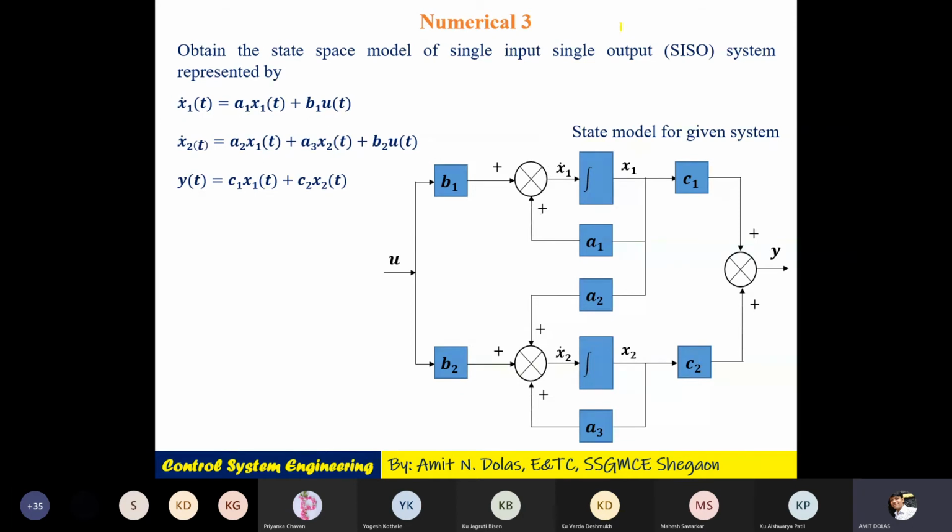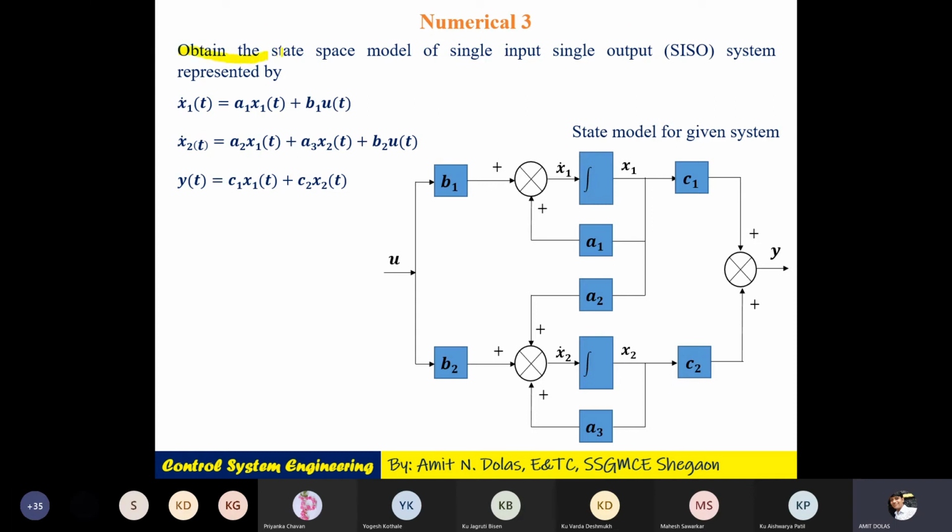Numerical number 3. In the initial numerical, am I audible? Are you with me? Yes, sir. Okay. So in the earlier numerical, we had a circuit diagram, but here direct equations are given.